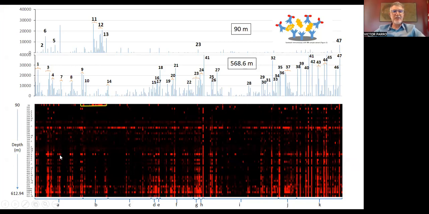All this red stuff corresponds to positives; I'm not going to go into details because there are many things to explain. But the point is there are many microbial biomarkers and a lot of organic matter on the right, which indicates that it is a sample where life is present.